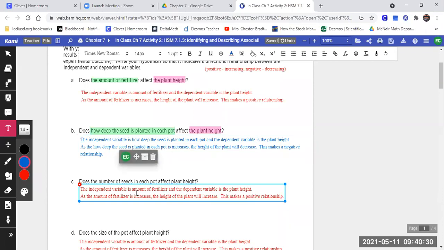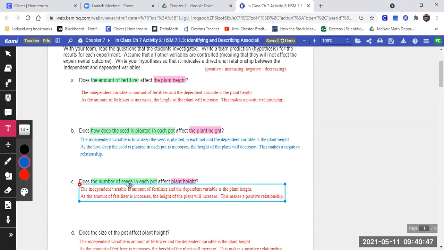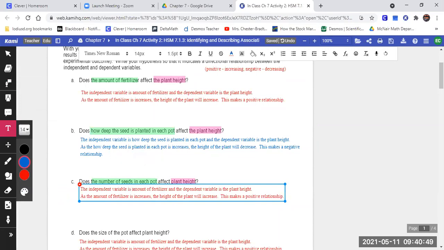Okay, next one. So let's go do this. First phrase, situation 1. Second phrase, situation 2. Which one of those is our independent variable? Which one do we have control over as human beings?